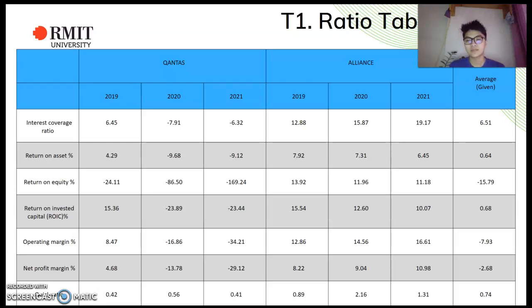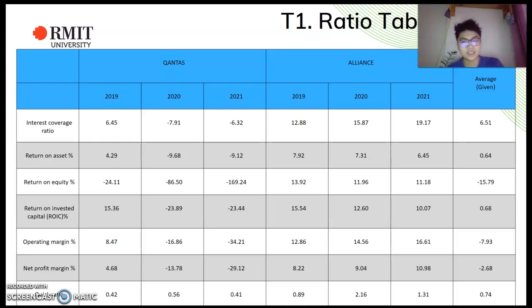They have reduced really quickly in the last few years, and some of the significant data such as net profit margin, operating margin, and return on invested capital is significantly lower than the industry average.